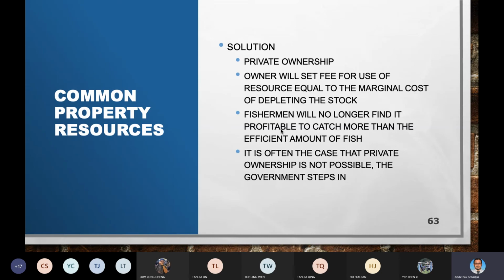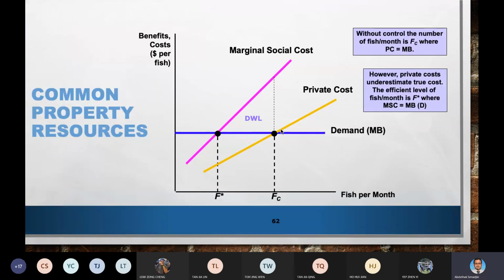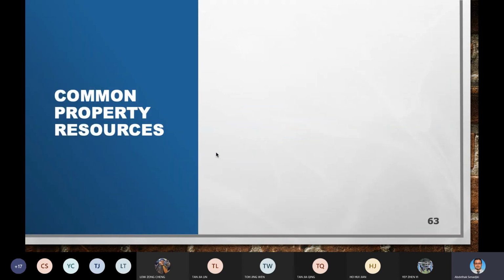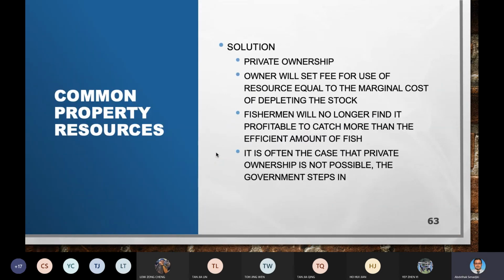Since we add a fee, this will be the marginal cost. So fishermen will no longer fish at the point where the private cost equals the marginal benefit, but somewhere here or here, depending on where the fee is set. Fishermen will no longer find it profitable to catch more than the efficient amount of fish.